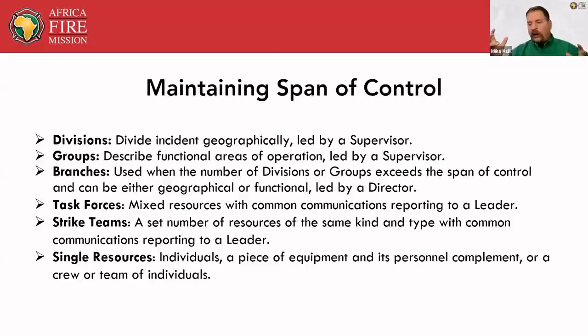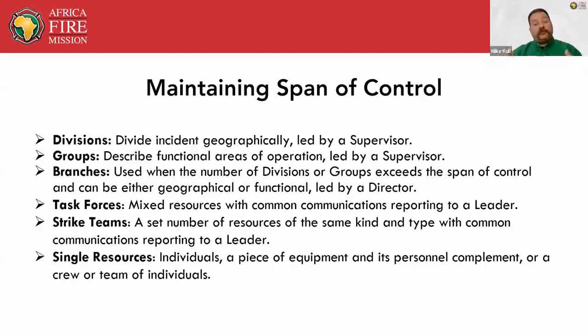So we've got some sort of a weather disaster that has caused some structures to collapse, started some fires, and there's flooding. Okay, so we're going to have different groups working there. When we have too many groups working together, then we may need to branch out into the branches, right? So then we've got a branch supervisor doing those different groups.